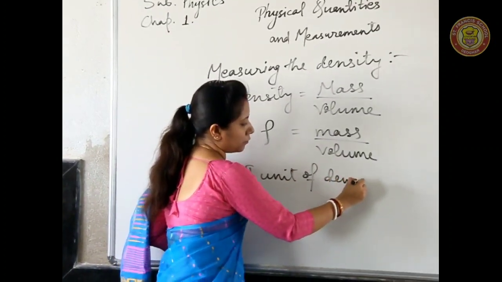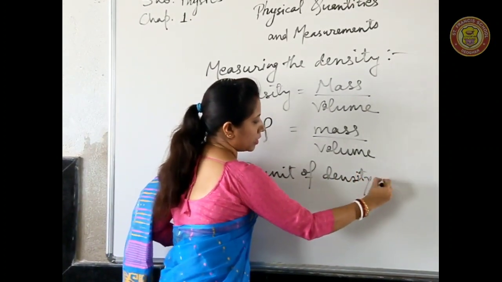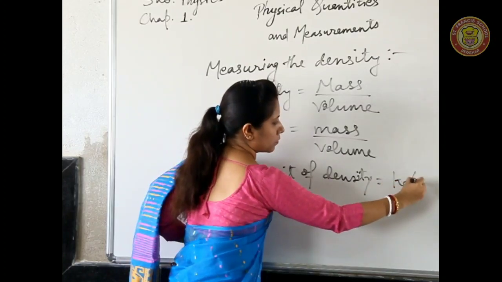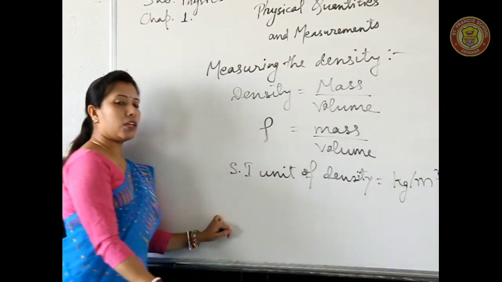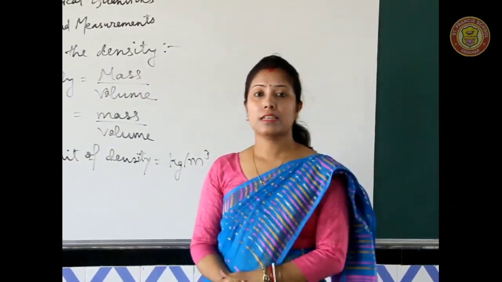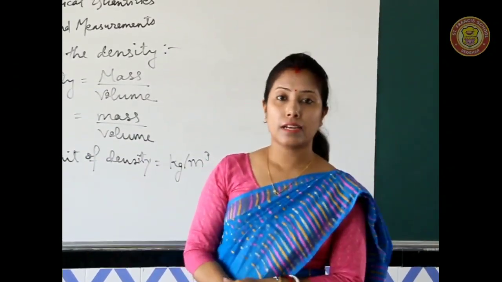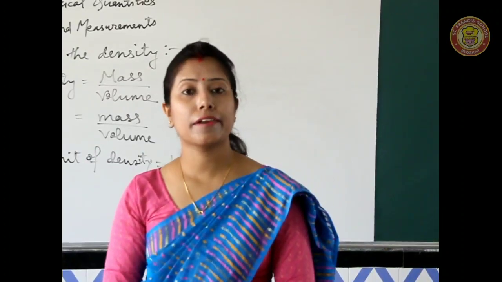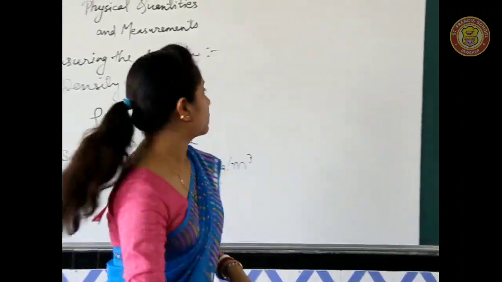SI unit of density equals kilogram per meter cube.